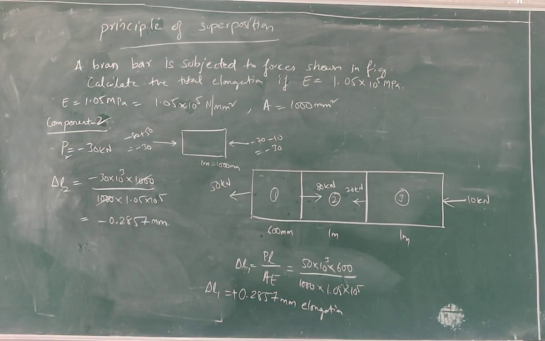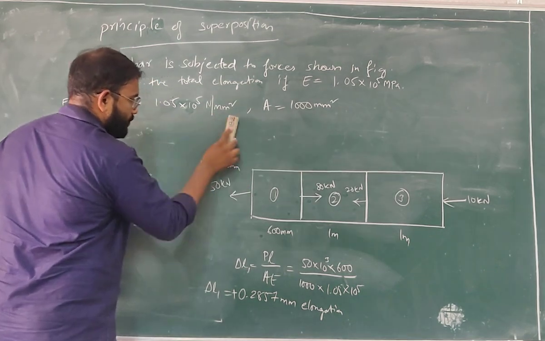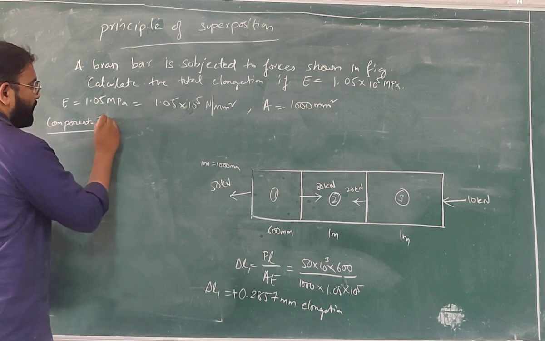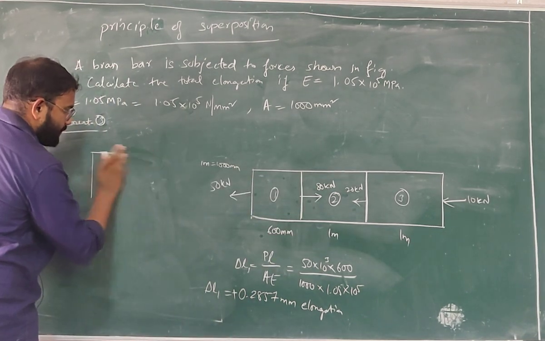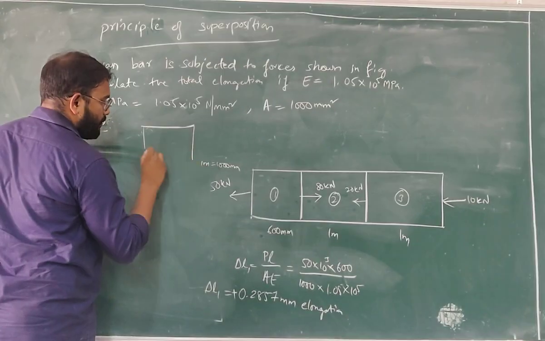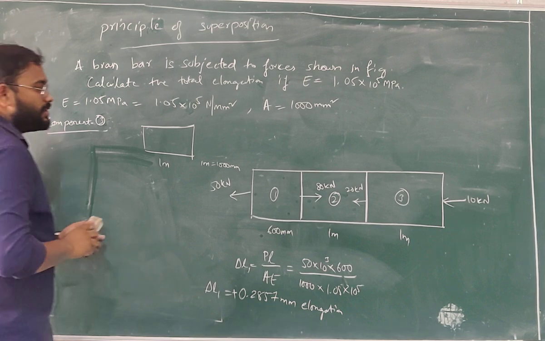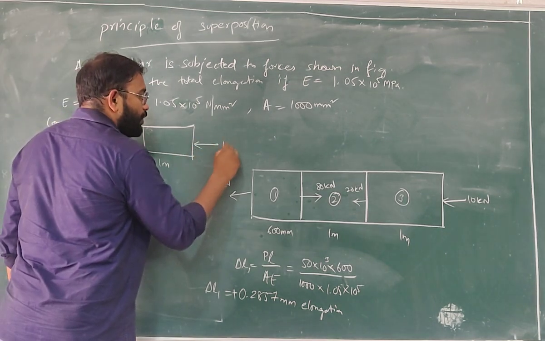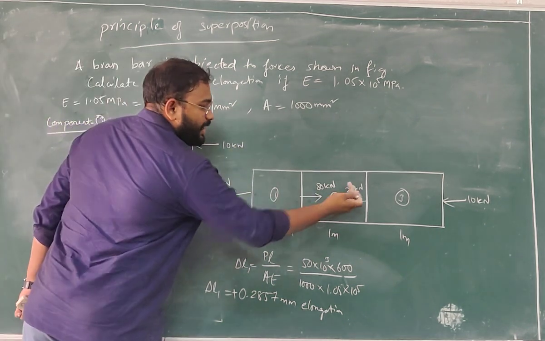Finished? Now, third component. Third component, it is again a box like this of length 1 meter, okay, or 1000 mm. So, you have a compressive force of 10 kilonewton on this side. What about this side? We have 50, 80 and 20.